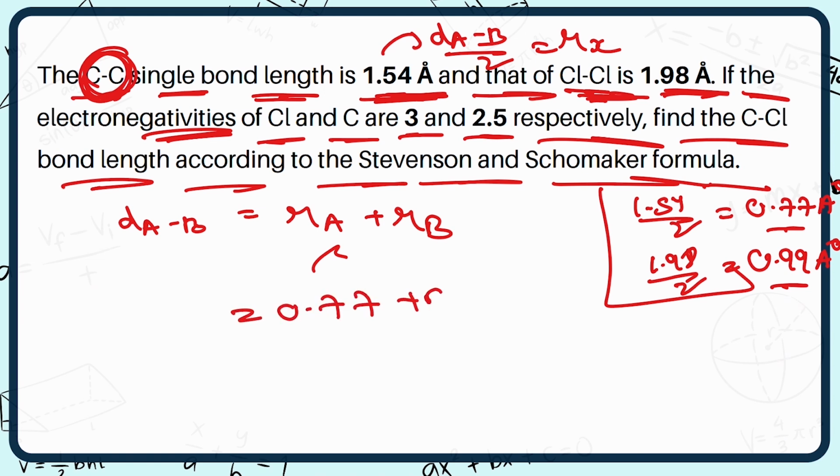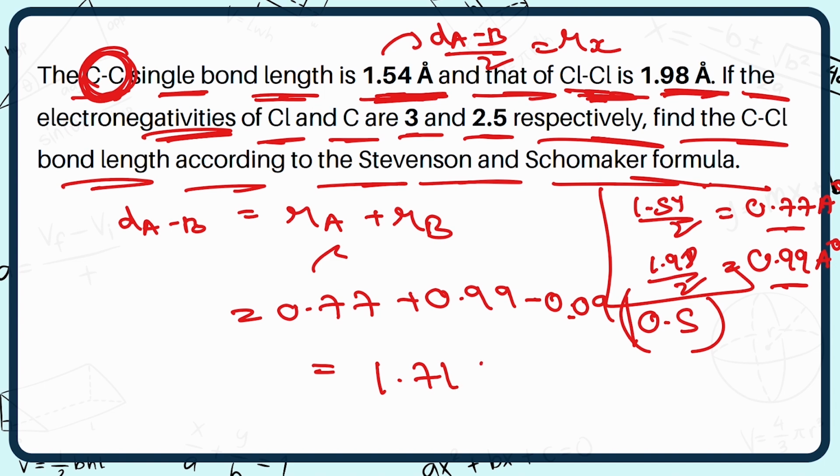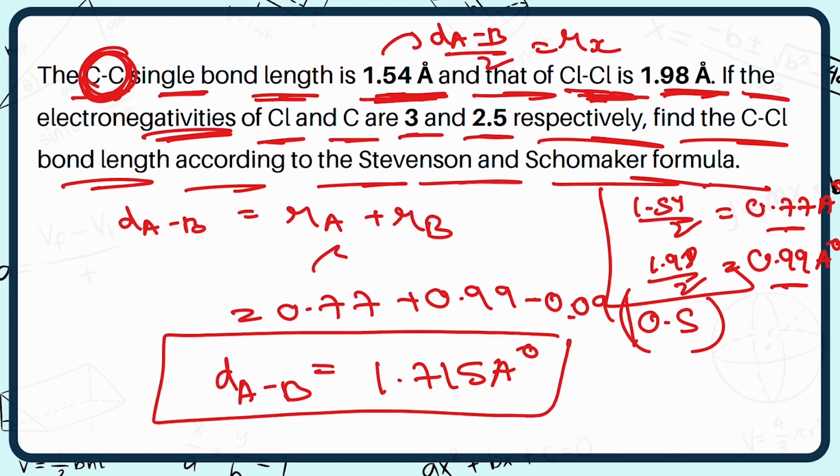So 0.77 plus 0.99 minus 0.09 into the difference of electronegativity, 3 minus 2.5, 0.5. Very easy. Just calculate it. You will get it equal to 1.715 angstrom. This is D of AB. Got it? Very simple. Just put the formula. You'll get the answer.